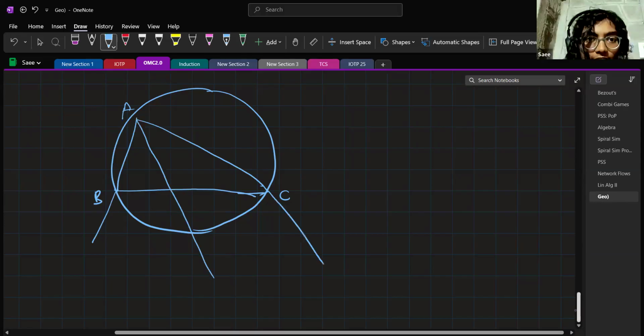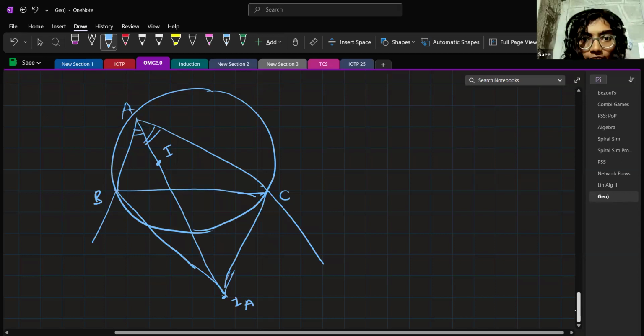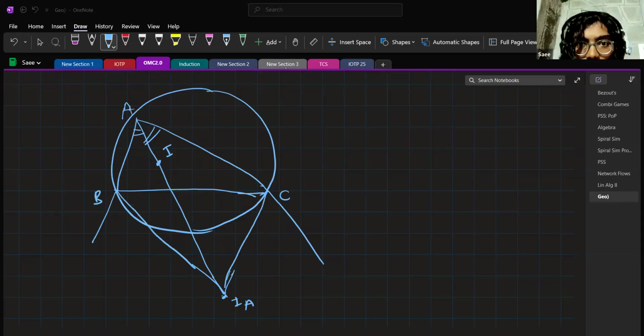This is supposed to be the angle bisector. I is supposed to be somewhere here. IA is supposed to be somewhere here. This is the external angle bisector. The figure is not up to scale, clearly. Okay. Wait, something in the chat?